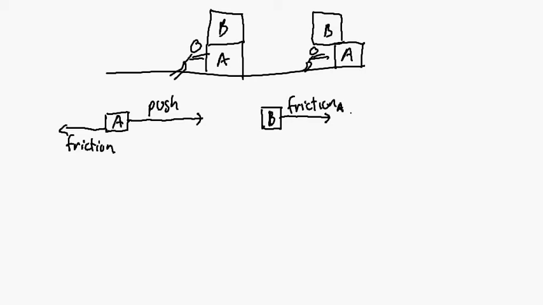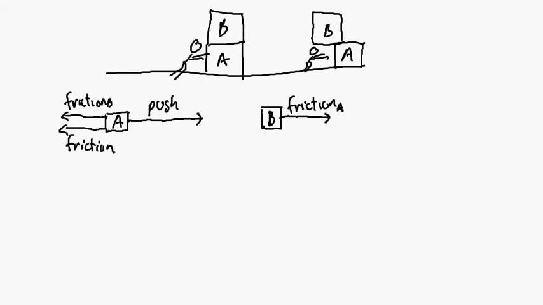What this means is that B should be exerting an equal but opposite force on crate A. And if we draw that in, we should have something like this. So it should be going to the left there. We can call this friction from B acting on A. And so we've got another force going in the backward direction there.